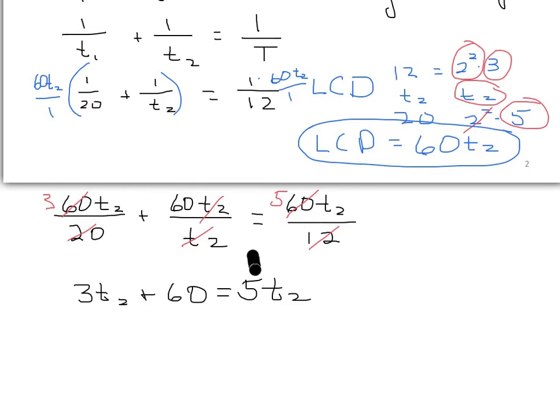That is an easier thing to work with. So you guys like moving things to the left, so I'll do that. We're going to subtract 5T2 from both sides, and that gives us negative 2T2 plus 60 equals 0.